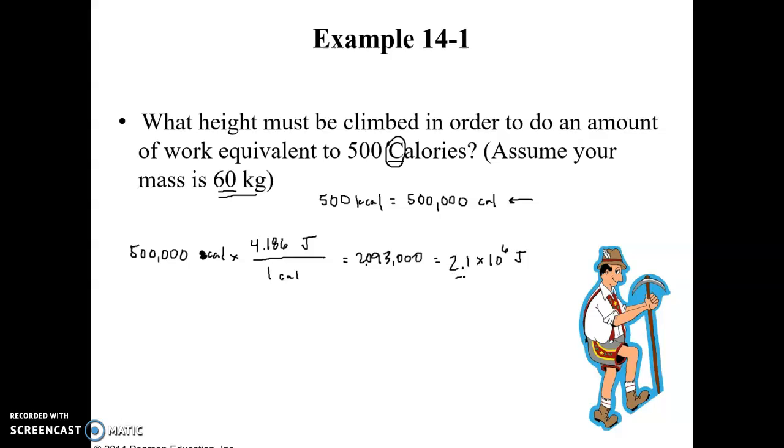All right, so if that's the energy that we're shooting for, we need to basically take our mass and raise it up a certain distance. We've got newtons and meters, so however many newtons we lift times the number of meters will give us this many joules. So our hiker, who I guess is us, the weight is 60 kilograms times 9.8 meters per second squared.